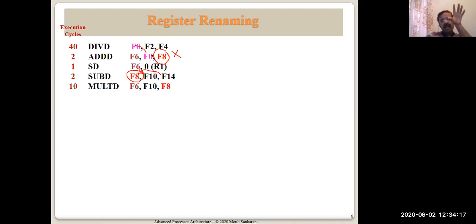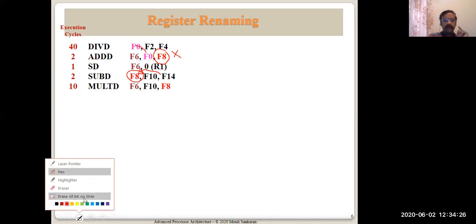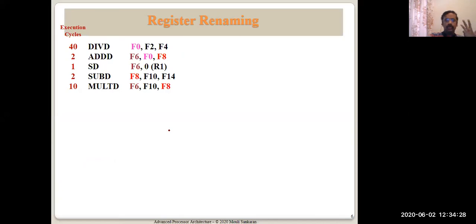So true dependence I cannot avoid, but anti-dependence I can do something about. What is that something? If by now you have got a clue, it's good. Why should I use F8? But the compiler has generated this code using F8.